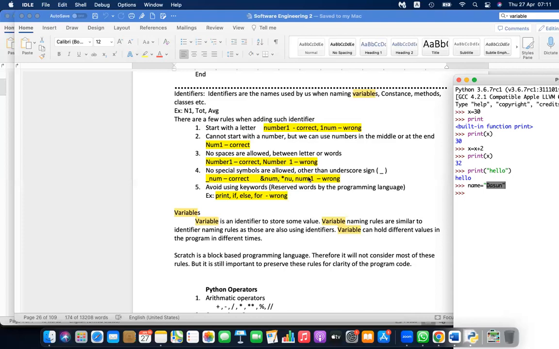Asterisk, dash, those are wrong. No special symbols other than underscore. And you cannot use existing built-in words, built-in function names, or built-in literals. So built-in syntaxes, built-in words are not allowed.